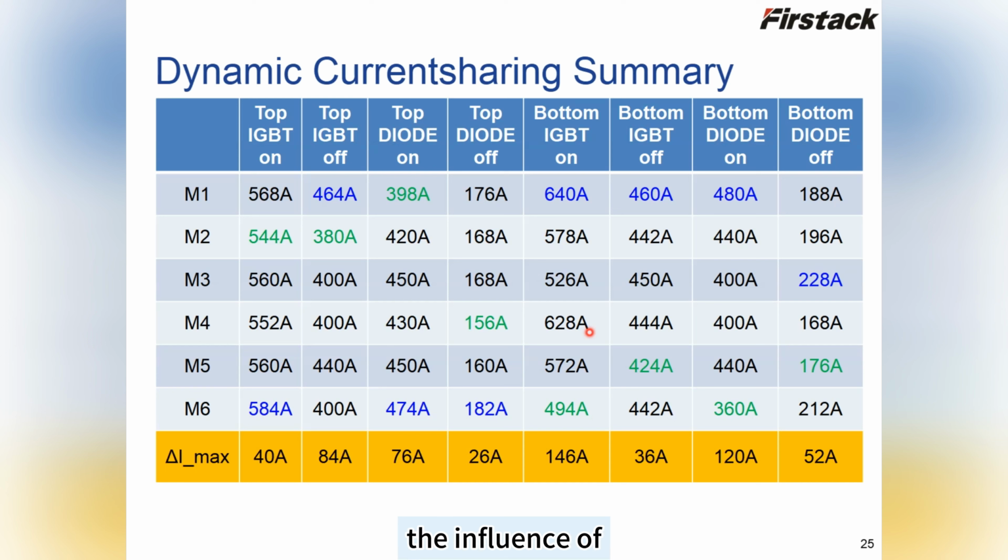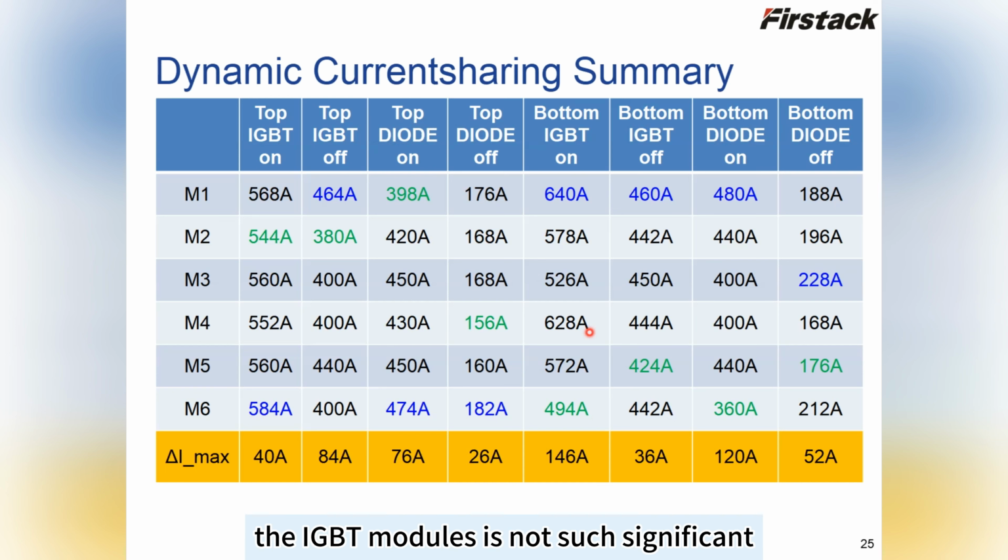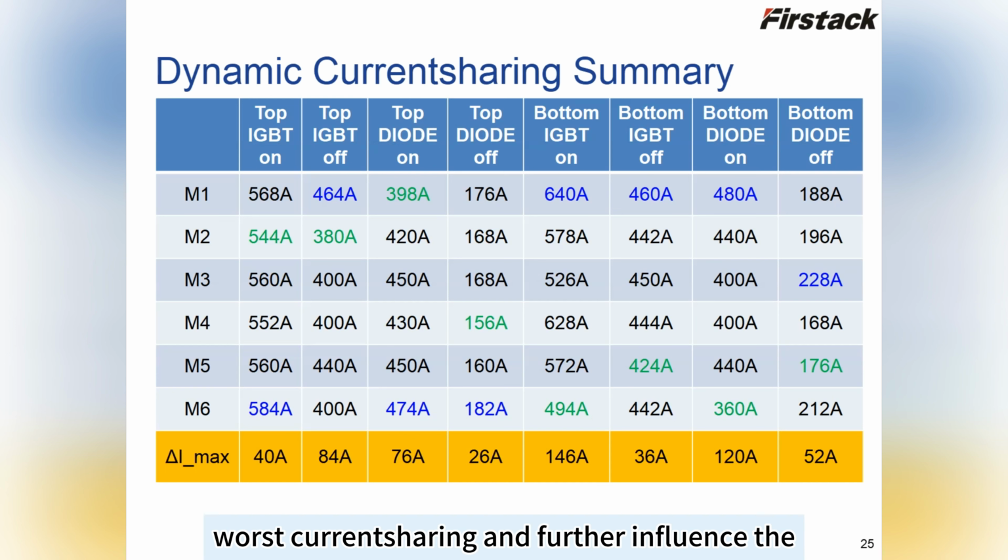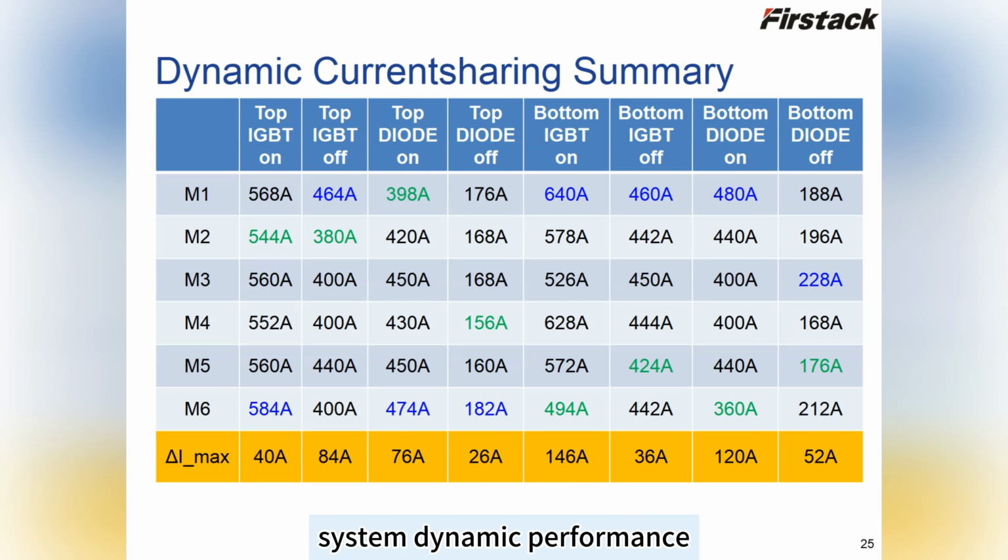The influence for IGBT modules is not so significant, but for SiC, the silicon carbide module, non-sorted modules can cause much worse current sharing and further influence the system dynamic performance. So from our test experience, for SiC, we must sort the modules first, otherwise your system will never be balanced.